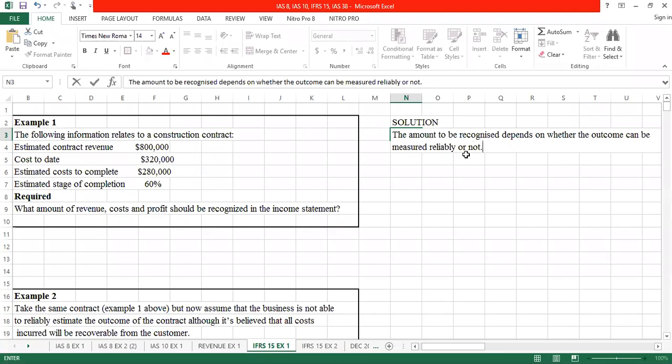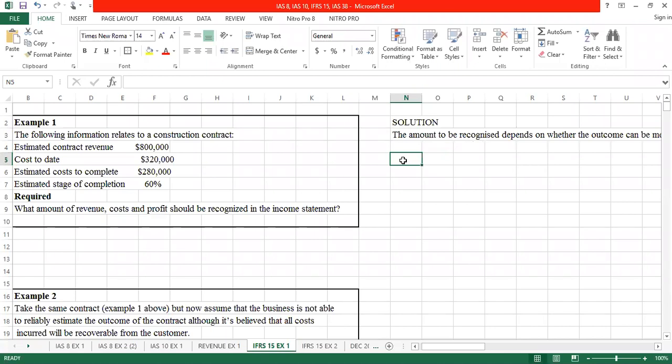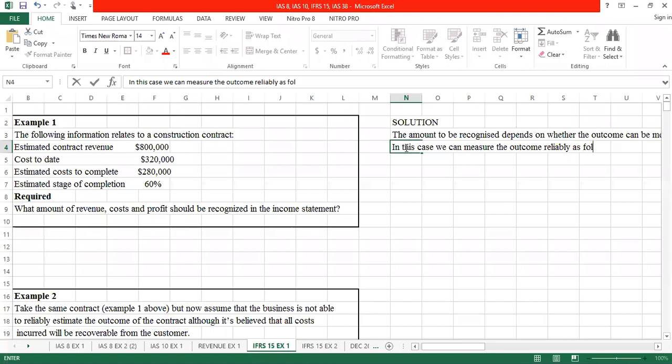In this case, we can measure the outcome reliably, as follows.